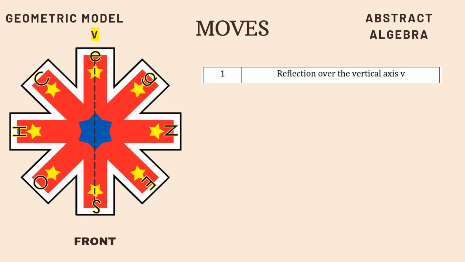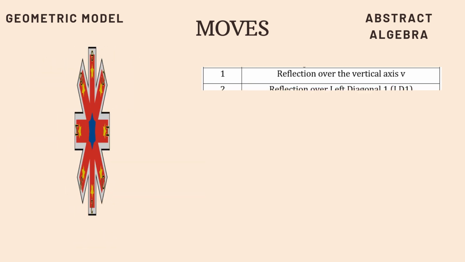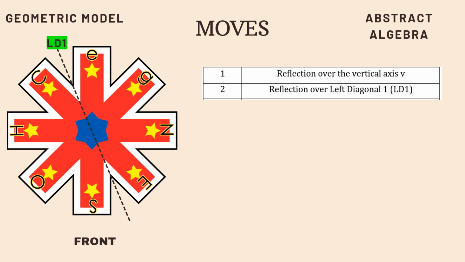Next is the reflection moves. First, we have reflection over the vertical axis, V, which represents number 1. Next, we have reflection over left diagonal 1, or LD1, which represents number 2.